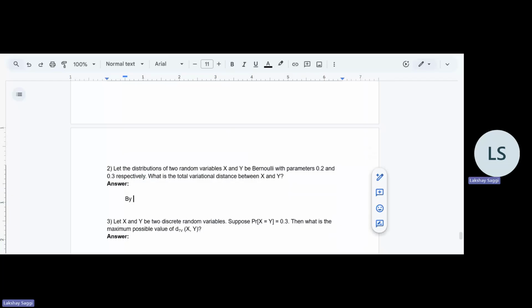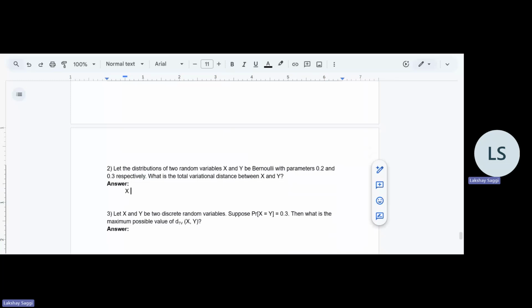So maybe I'll just write it out first. The probability that x is 0 is 0.2, and I'm just writing out the meaning of these Bernoulli variables.